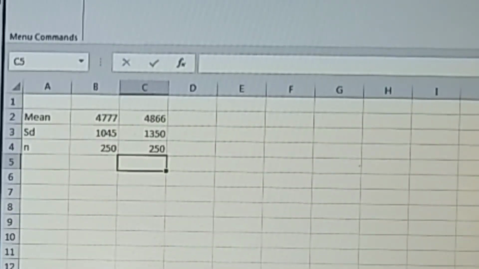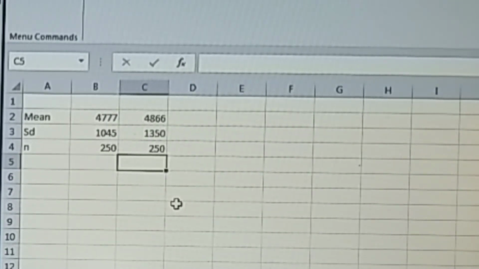I already input the necessary information for our computation of the p-value in MegaStat.